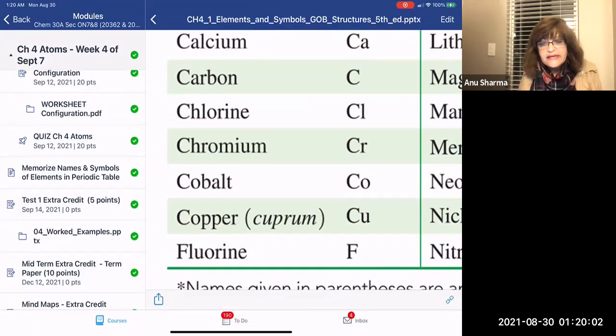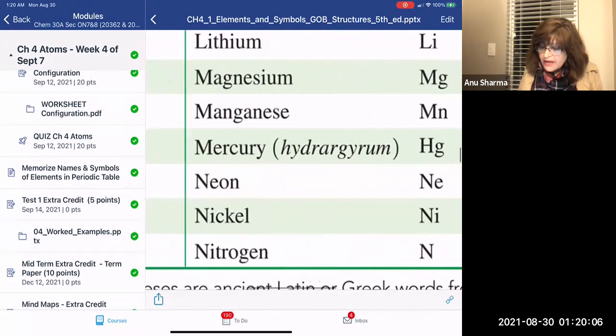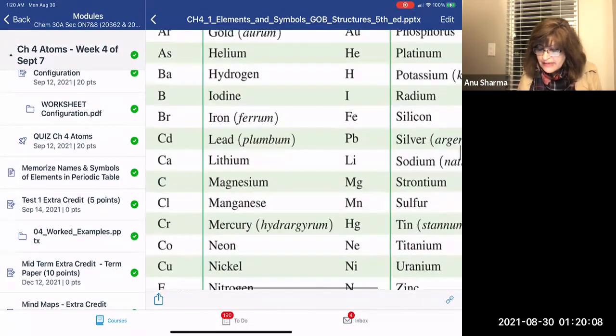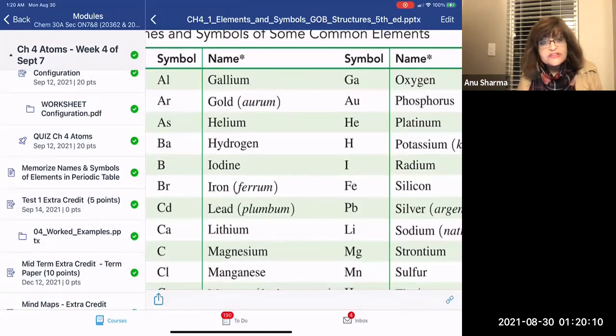It's after the Latin name cuprum. And fluorine is F. Then comes the other ones, like gallium is Ga, gold is Au, from aurum, a Greek name, or I think it's a Latin name.